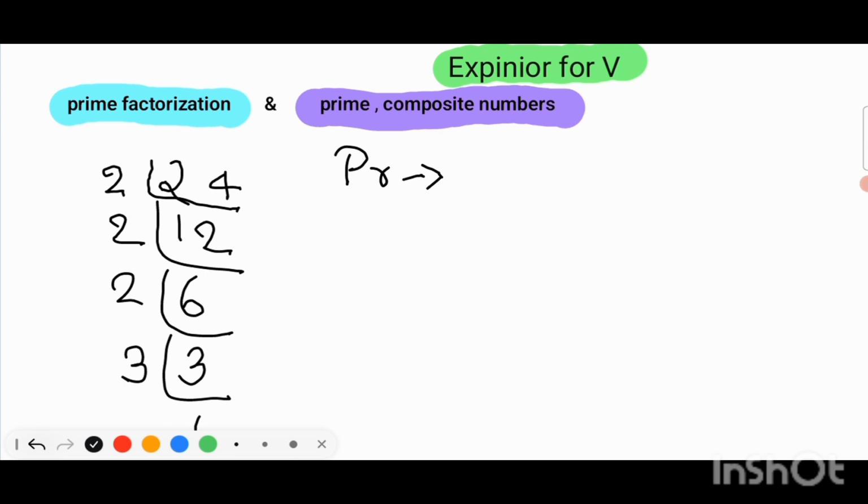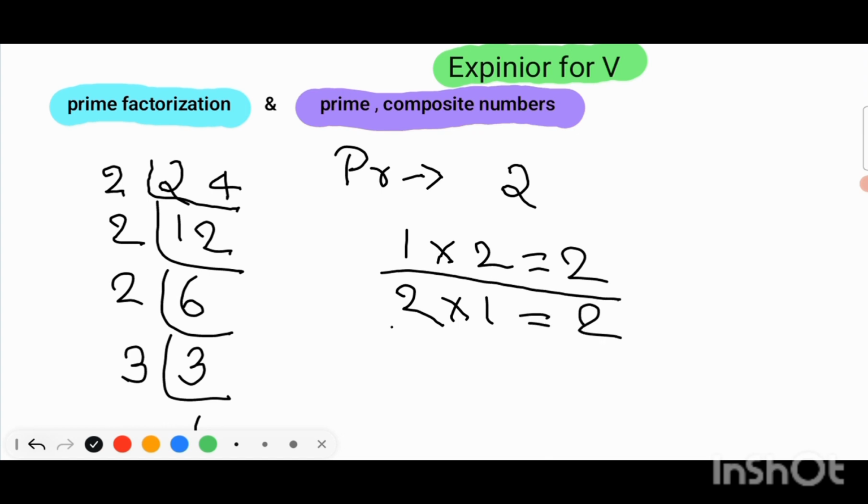If we take the number 2, what are the factors of 2? 1 twos are 2, 2 ones are 2. Other than these tables 1 and 2, we cannot find any table where the multiple is 2.